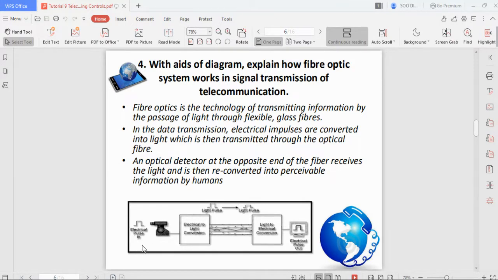They have electric pulse going into the cable, and then this electricity is converted into light, and then from this light is converted back to the electricity. So the transmission and the receiver is the same principle as what you'll find when we are using a basic wire. Just that the form of transmission, we change it from electricity to light.